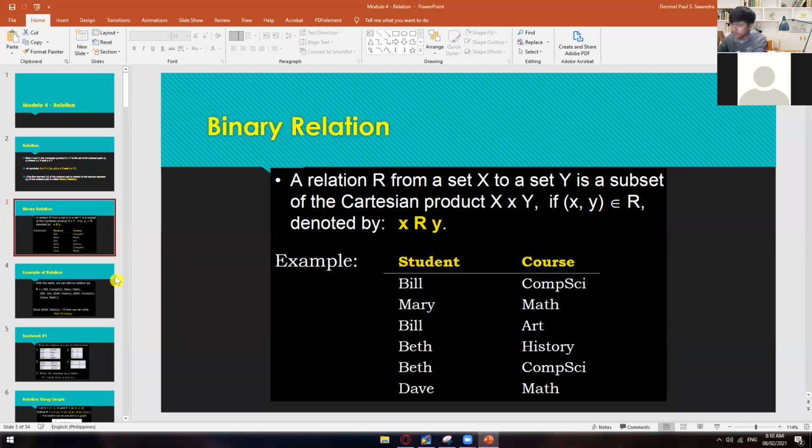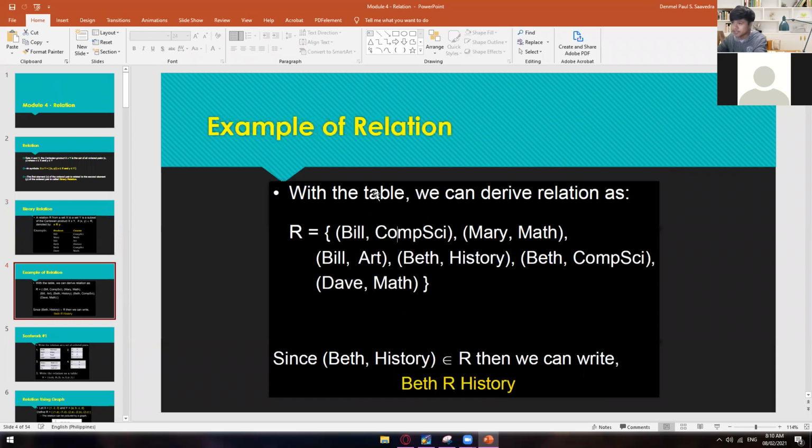Let's have another example when it comes to relation for you to understand this one. With the table, we can derive relation as Bill is related with ComSci. So basically, we just put it inside a set wherein each binary relation contains two coordinates or two elements.